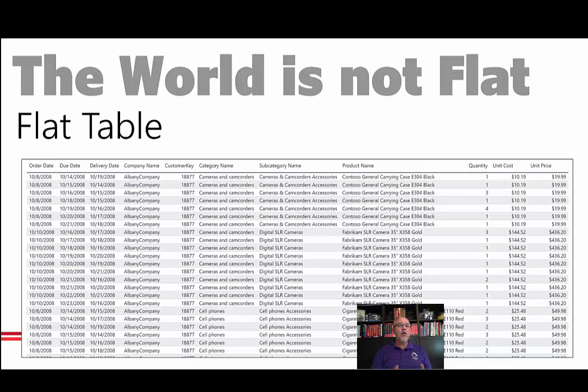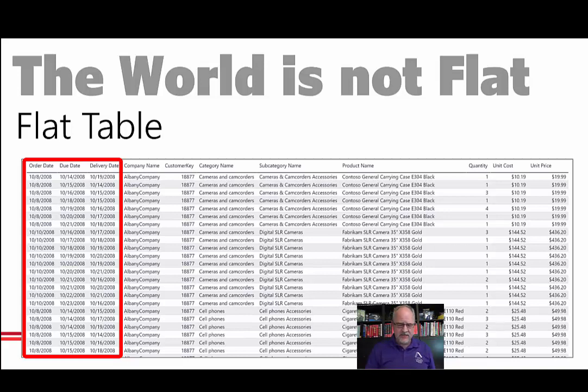Now, when you think about an order, what are the attributes of an order? Well, an order can have dates. There may be the date that it was ordered, the date that it was due, and then the date that it was actually delivered. So we have three columns here that represent different dates. They're events that occur relative to an order.